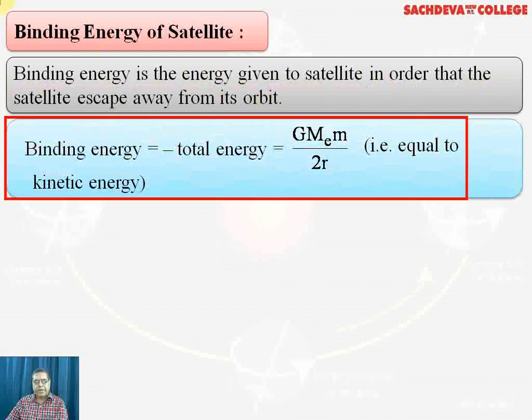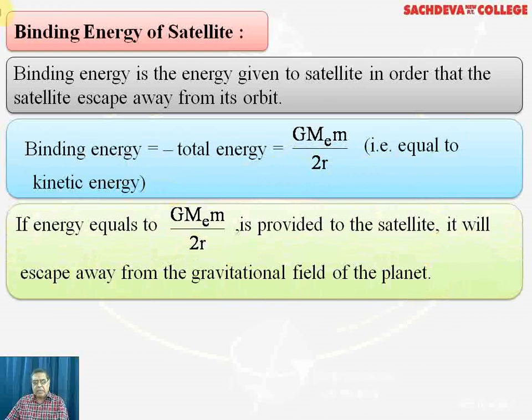So binding energy will be equal to minus total energy, that is G M_E m over 2R, that is equal to the kinetic energy. If energy equal to G M_E m over 2R is provided to the satellite, it will escape from the gravitational field of the planet.